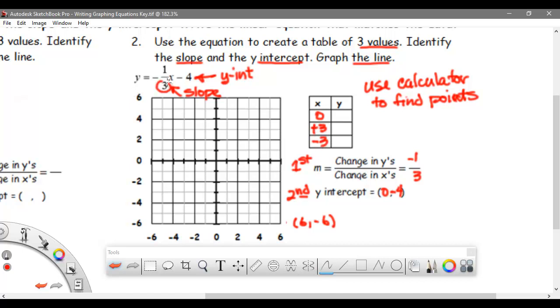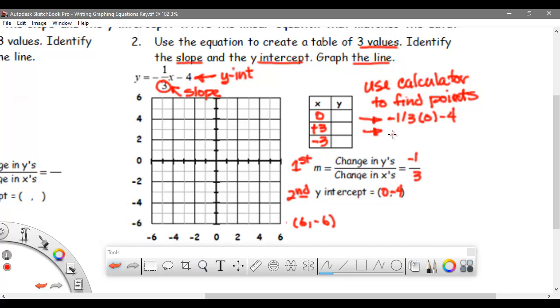The next 2 points have to be based upon the denominator. I'll choose a positive denominator, then I'll choose a negative denominator, and I'm going to put those values into my calculator.